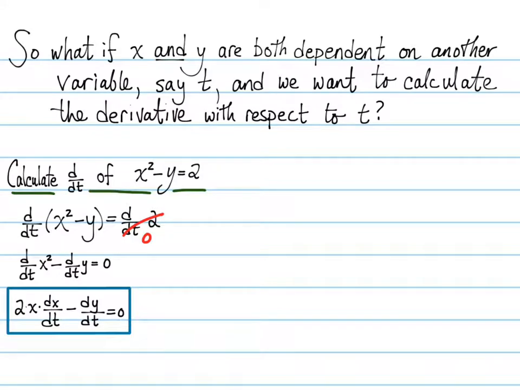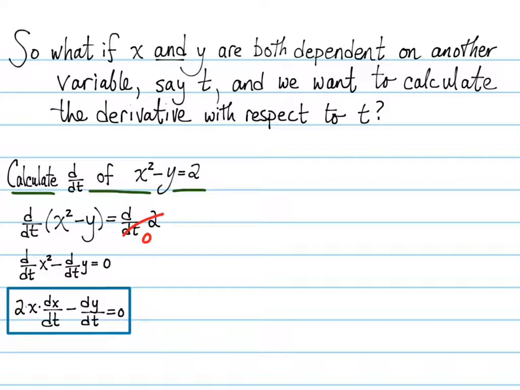As we saw in implicit differentiation, the way to take d/dt of x squared is to take 2x dx/dt. And the way to take the derivative with respect to t of y is just to write dy/dt. And so you can see we get this equation: 2x dx/dt minus dy/dt equals 0.